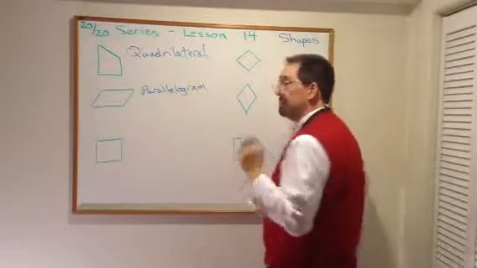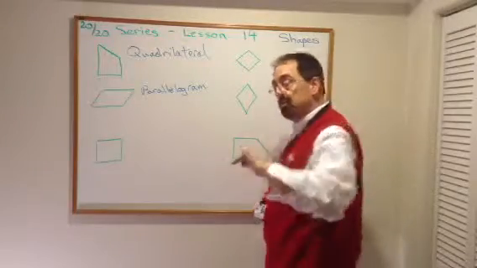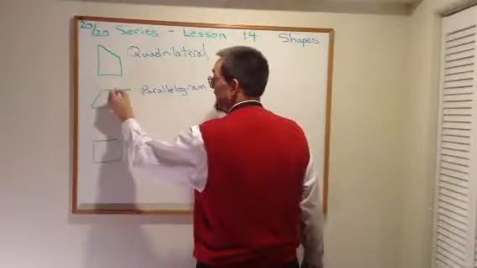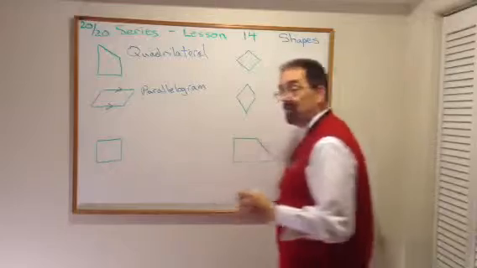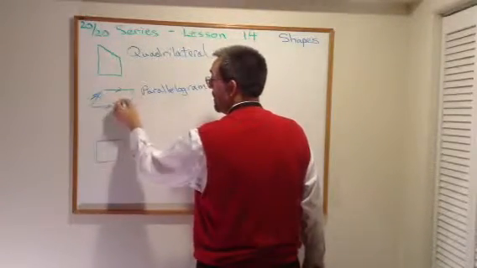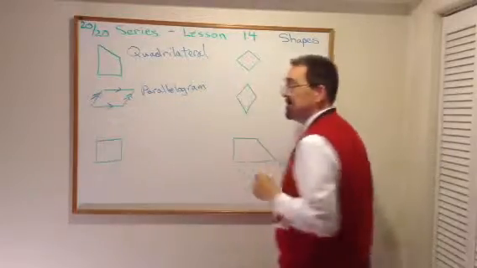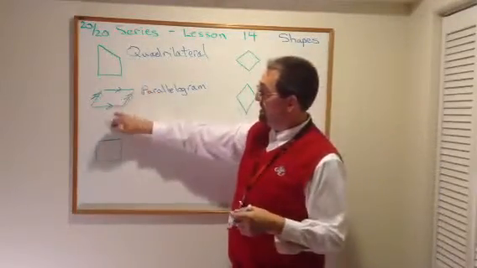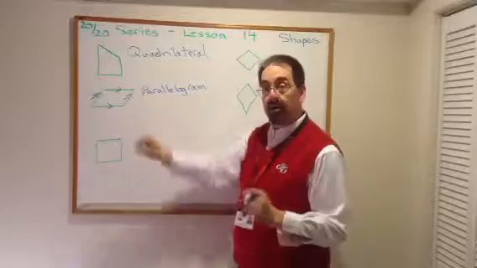Remember, to be a parallelogram, 2 sets of parallel sides, and we use an arrow to mark that. So 2 sets of parallel sides. Arrows signify parallel sides.